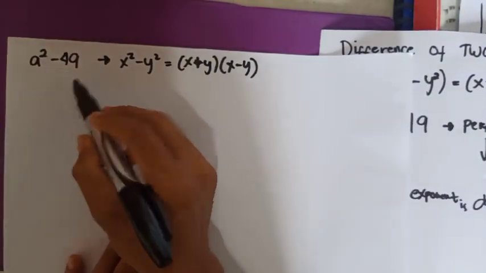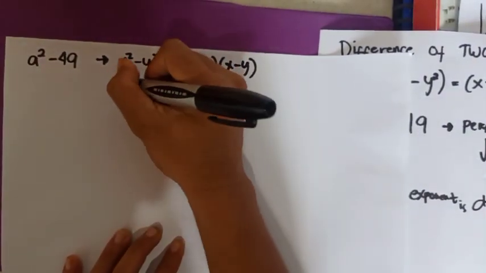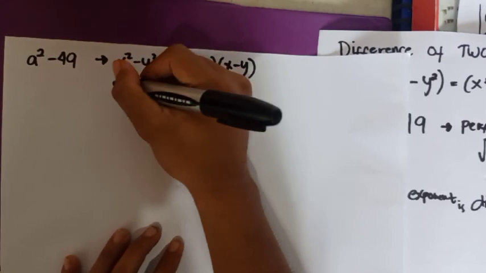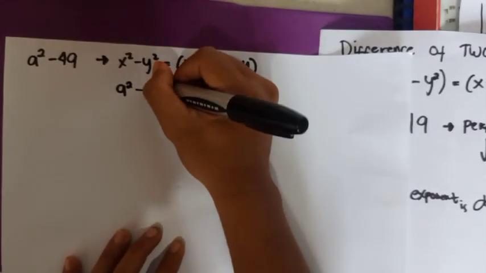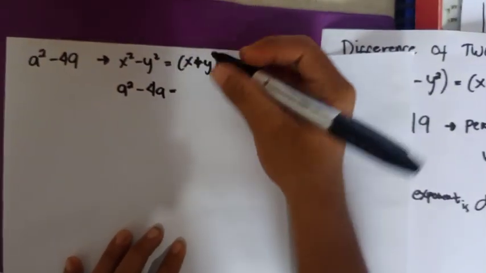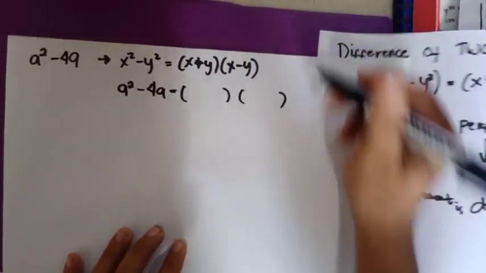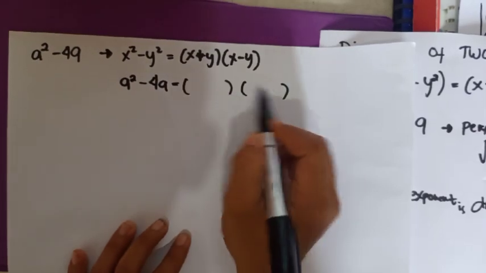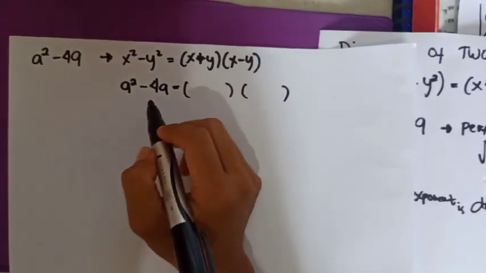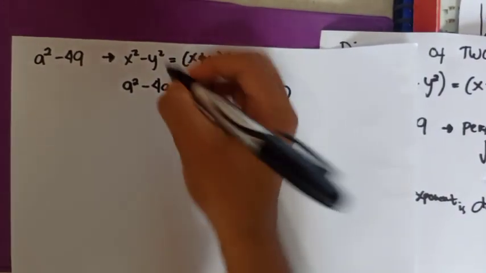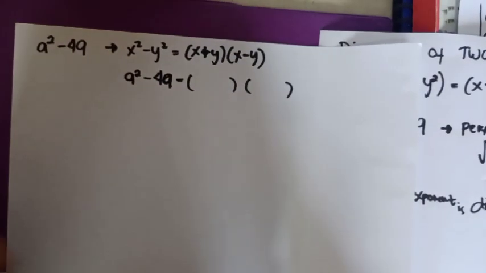And then let's substitute the values. x squared would be a squared minus 49 is equal to... Now, what will be our factored form of a squared minus 49? This is 49.